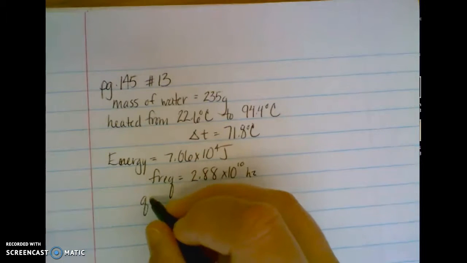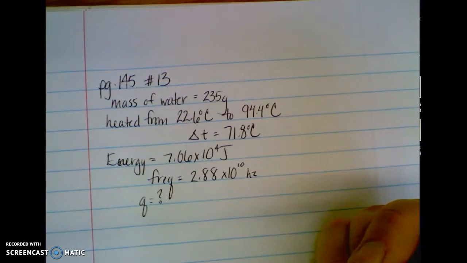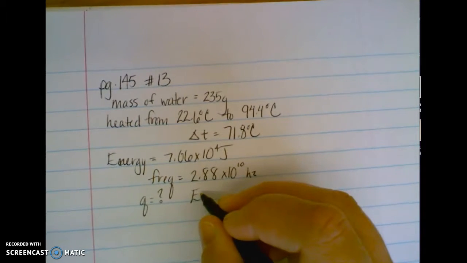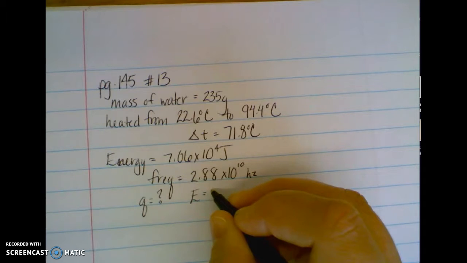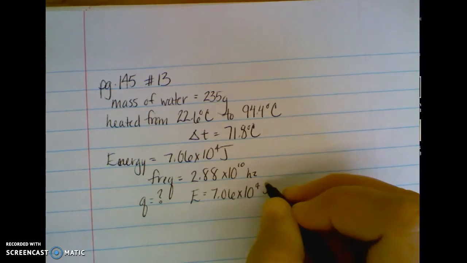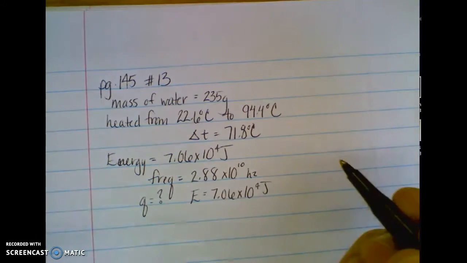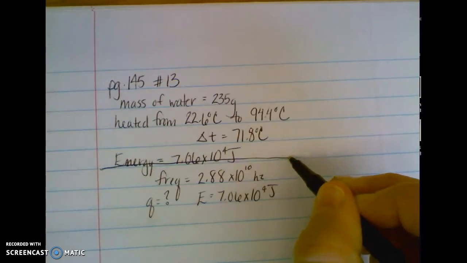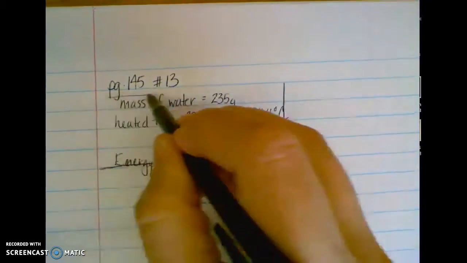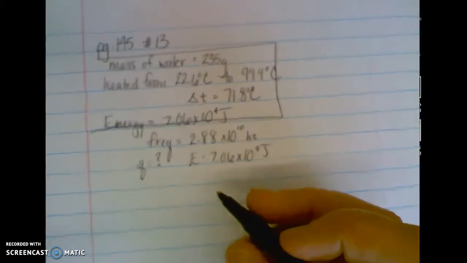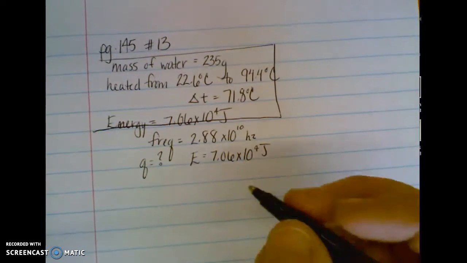How many quanta are required to supply an energy of 7.06 times 10 to the 4 joules? So I'm kind of going to separate some of this information. I have energy written down twice there. It's given to you two different times, but it's the same amount of energy.